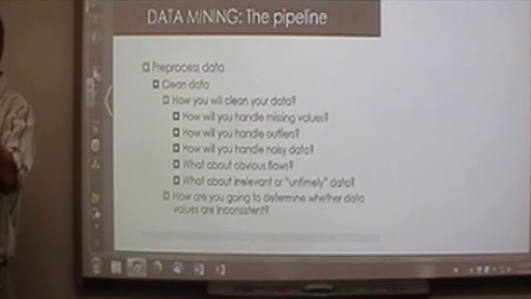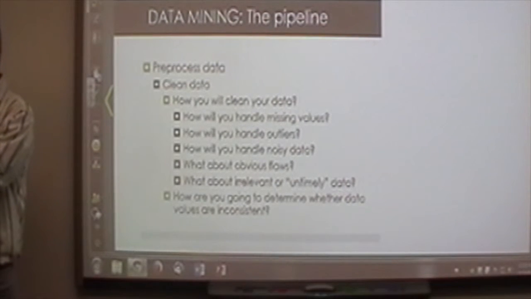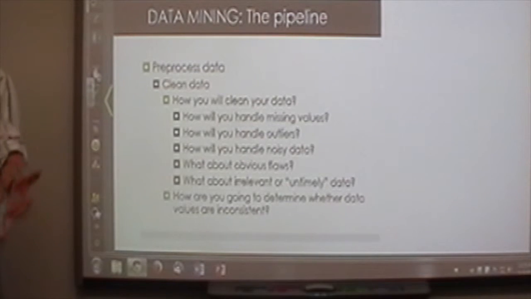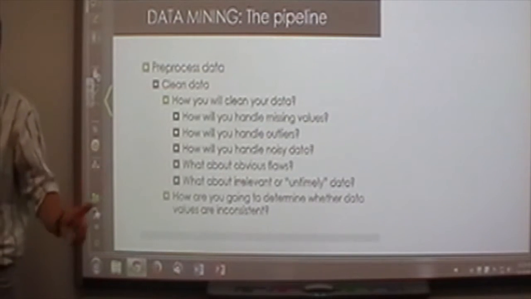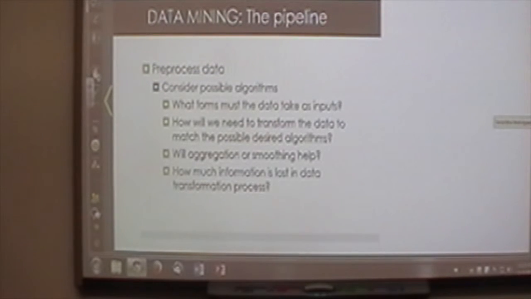So you're going to look at where the outlier lies. Maybe that outlier is really telling you something, or maybe it's just a decimal error, which happens. How are you going to determine that? These are judgment decisions that you as a data miner have to make.